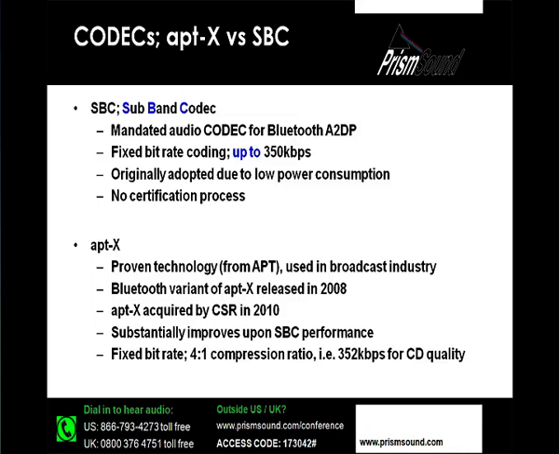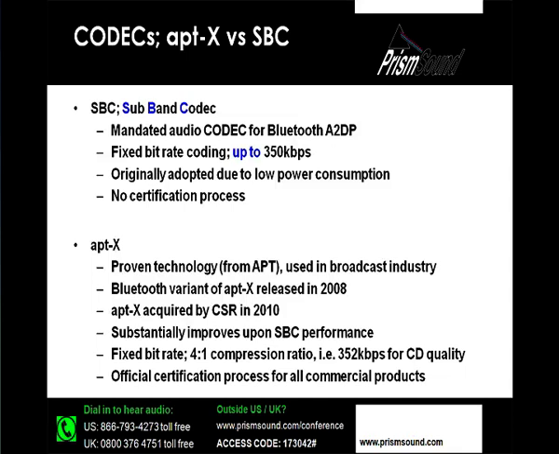One of the advantages we have is that it's a fixed bit rate, so unlike SBC, the bitrate is always a 4:1 compression ratio. We find this gives a good sound quality, but it also means you don't have the problem where you get a negotiated bitrate and the lowest common denominator wins.